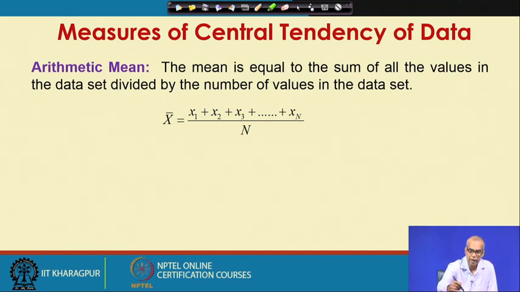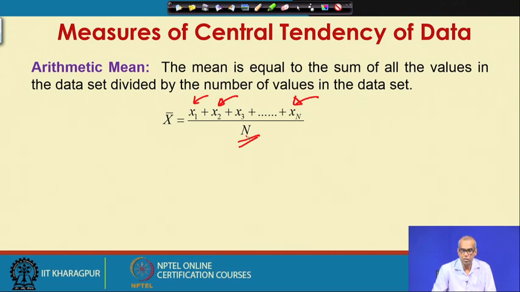So, I have taken n observations or n readings, those values are x1, x2, and so forth up to xn. So, the arithmetic mean is simply the sum of n readings divided by n, which represents the number of readings taken.